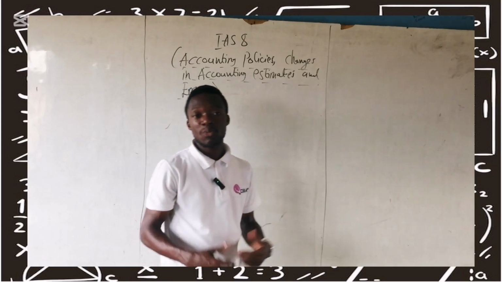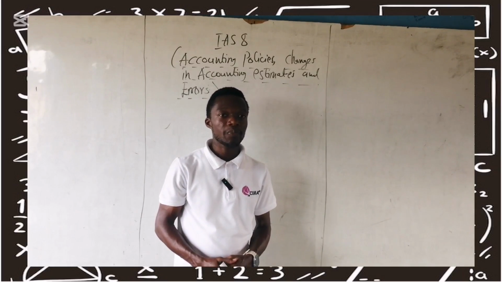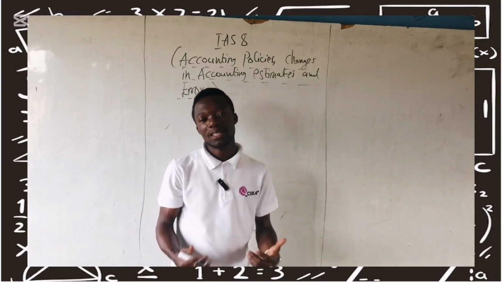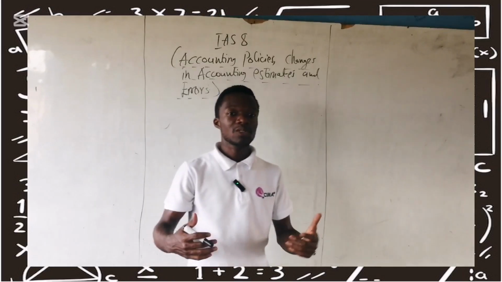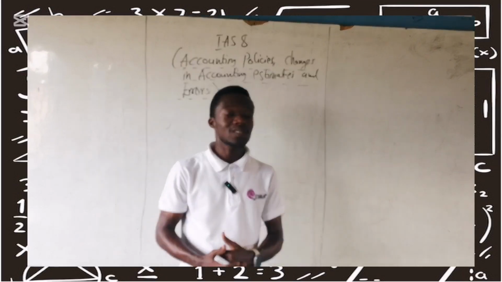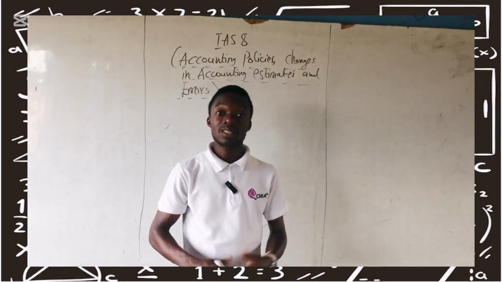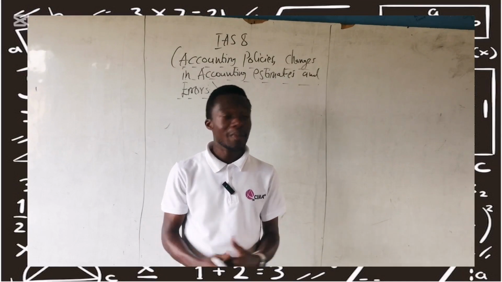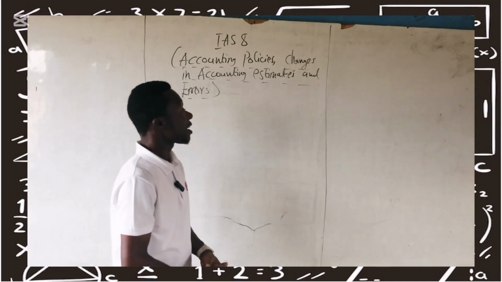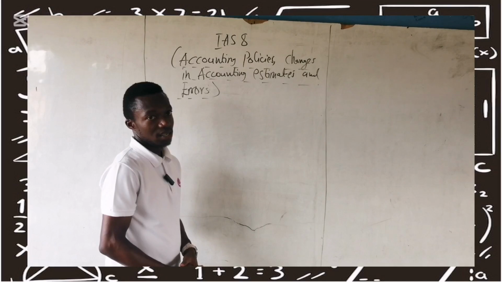You know that when it comes to preparation of a financial statement, every business prepares its financial statement based on certain conditions, certain criteria, certain rules that are adopted by them, right?